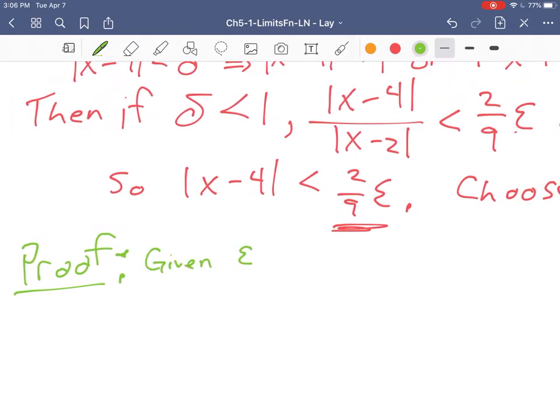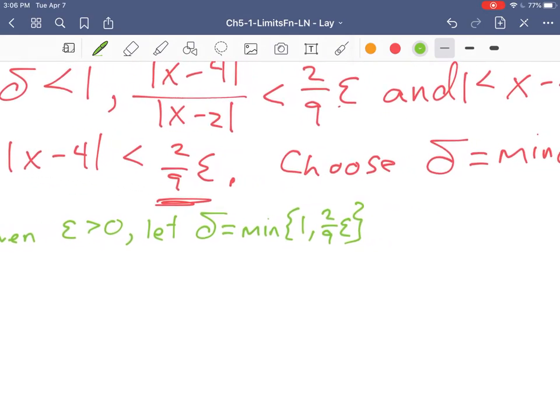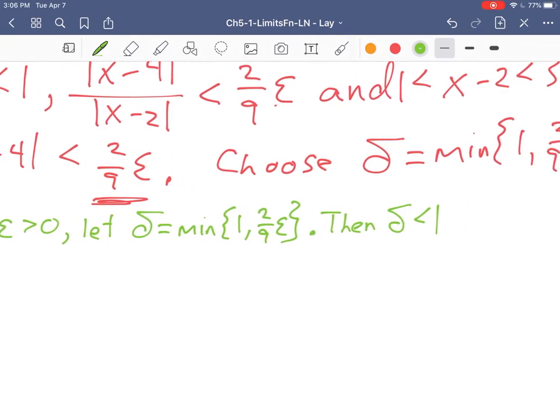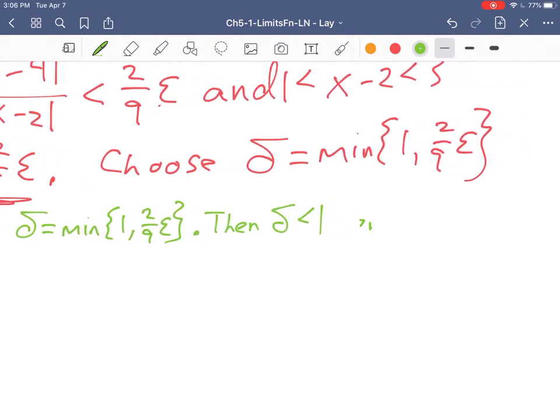So given epsilon greater than 0, let delta equal the smaller of the two values, the minimum of 1 and 2/9 epsilon. If this is true, then our choice of delta is less than both 1 and 2/9 epsilon, right?